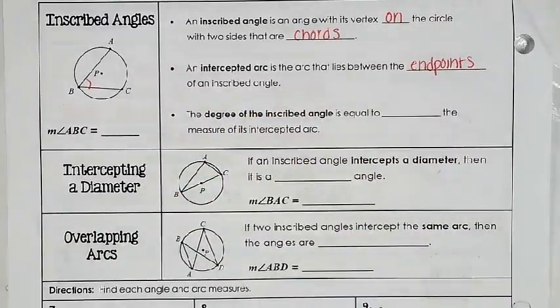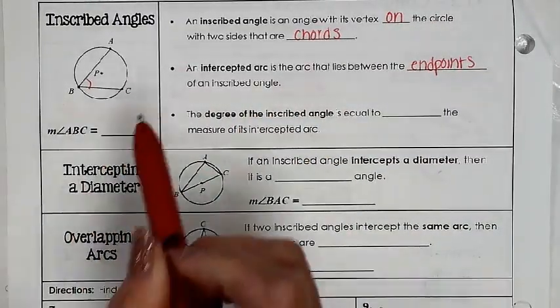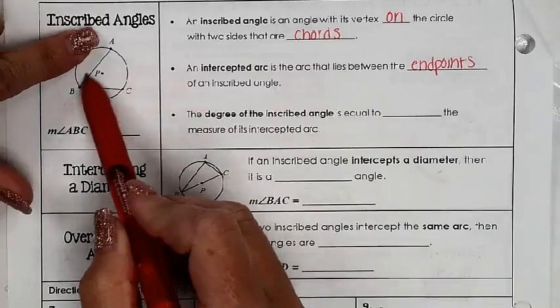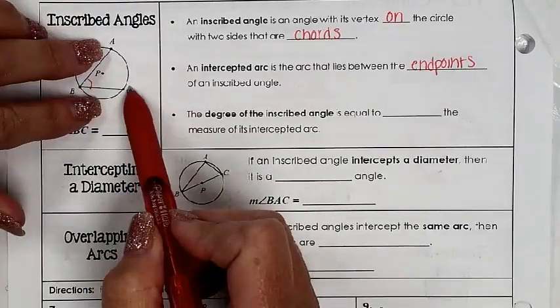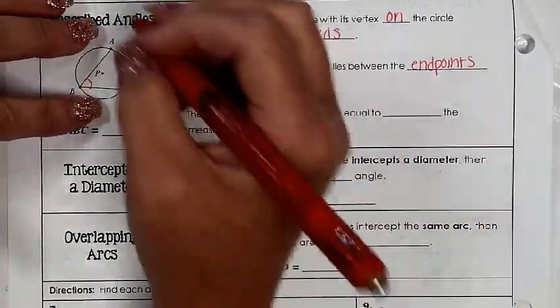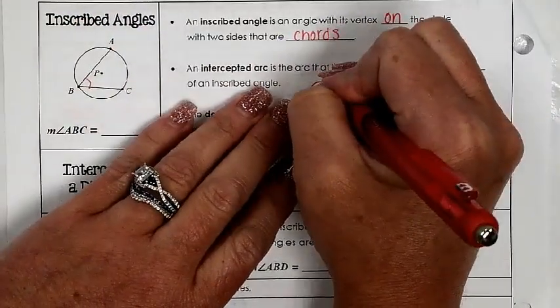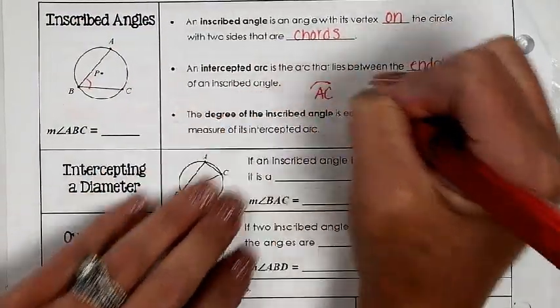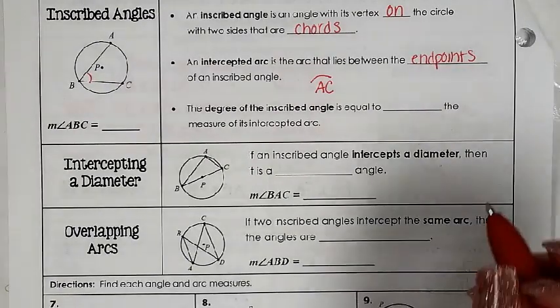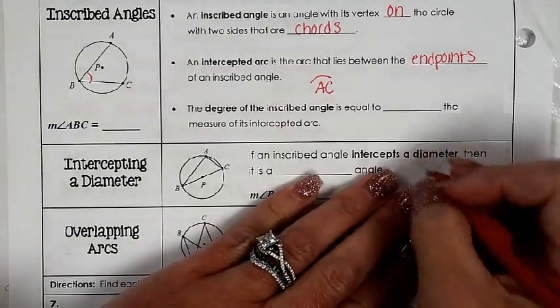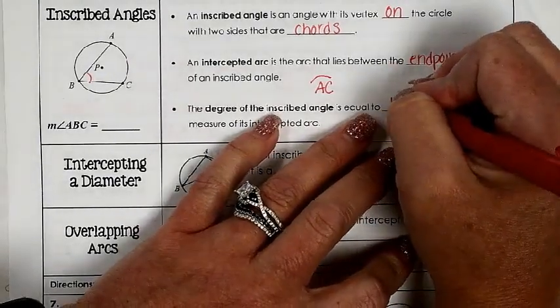So if my inscribed angle is angle ABC, where that angle intercepts the circle is your intercepted arc. So your intercepted arc here would be arc AC. And then it says the measure of the inscribed angle is equal to half the measure of its intercepted arc.